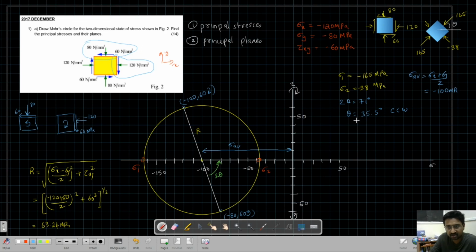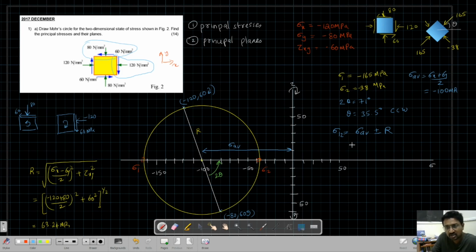It is sigma average. Now principal stresses we can find. Sigma 1 and sigma 2 can be given as sigma average plus minus radius. We can add the radius to get this, and subtract the radius to get this.